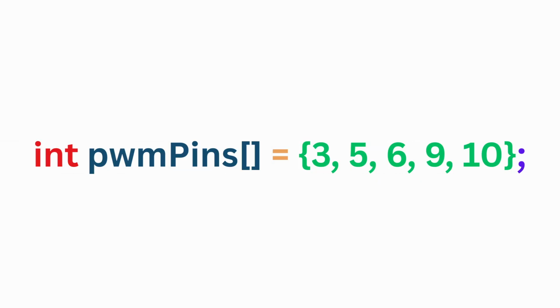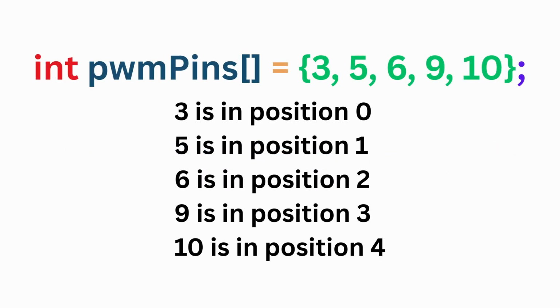Now let's take a closer look at how arrays work. Each item in an array is stored at a specific position, starting from 0. So in this example, 3 is in position 0, 5 is in position 1, 6 is in position 2, 9 is in position 3, and 10 is in position 4.